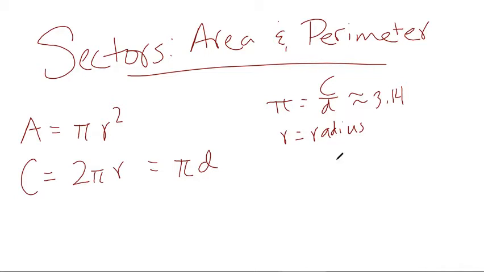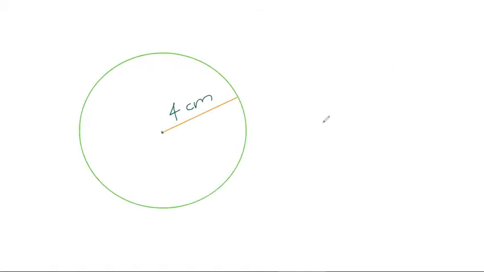All right, so with that, let's dive in. In this example, we have a circle with a radius of 4 centimeters. Based on the formulas that we already mentioned, the area of the circle is equal to pi times r squared, where r is equal to 4. 4 squared centimeters squared.